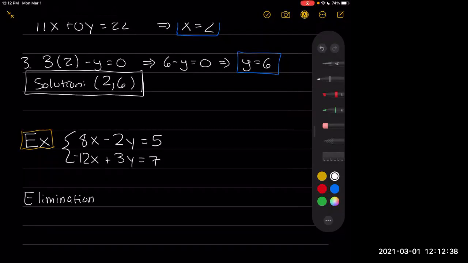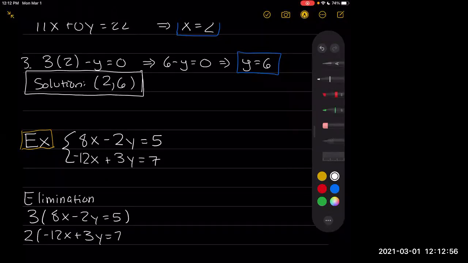So we're going to multiply the top equation by 3 and the bottom equation by 2. So we're going to have 3 times (8x minus 2y equals 5), and 2 times (negative 12x plus 3y equals 7).